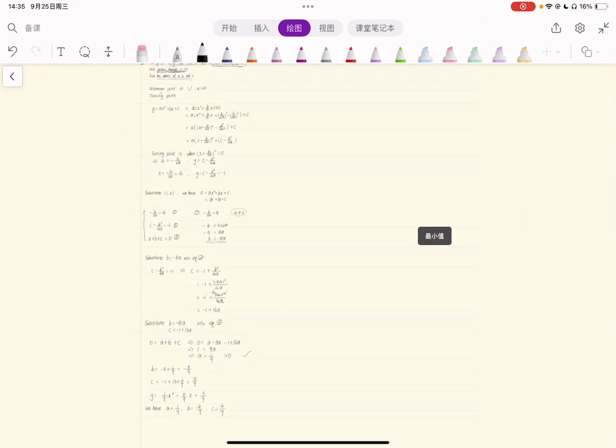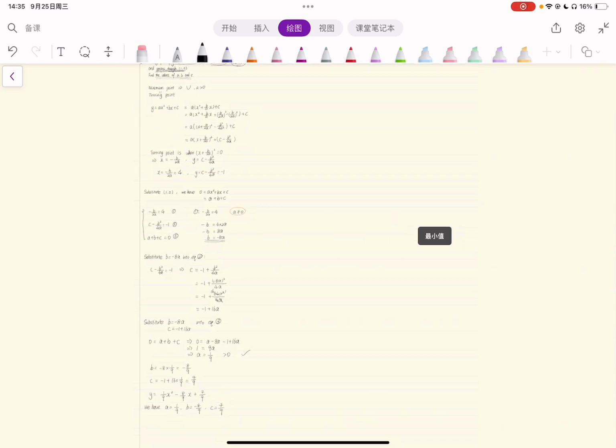Hope you can see it clearly. If not, you can pause the video at any time to make notes.